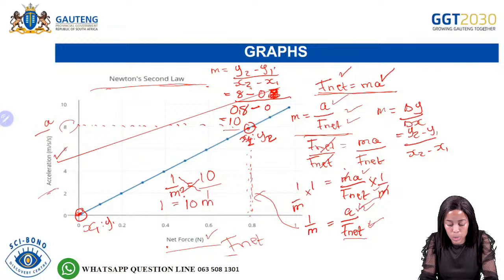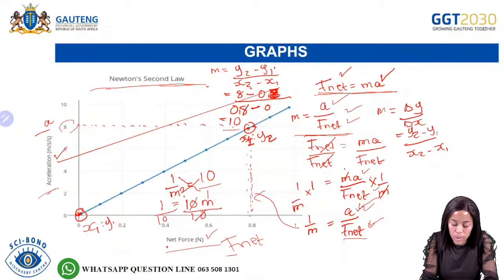So from there, we can see that we need to get rid of the 10. So how do we get rid of the 10? We need to divide both sides by 10. When you divide both sides by 10, the 10 and the 10 will cancel out. Then on the right-hand side, you are left with the m, and on the left-hand side, you are left with 1 divided by the 10, and you can use your calculator to calculate that.